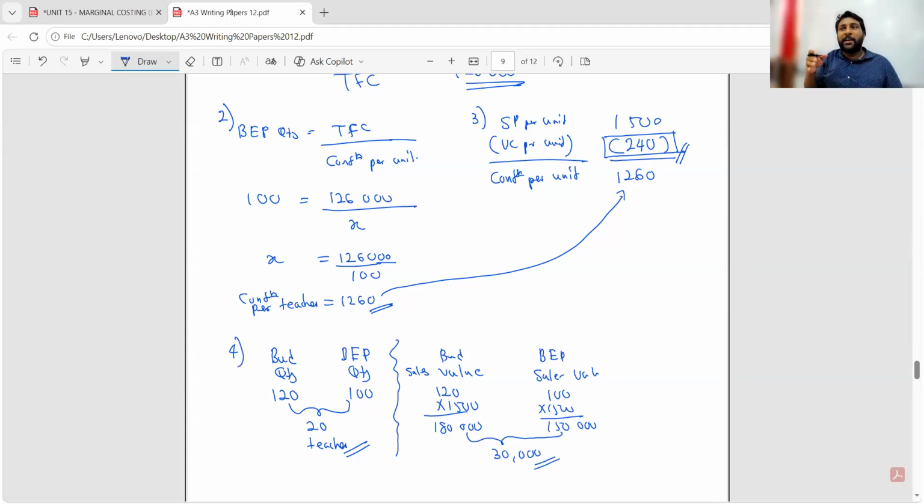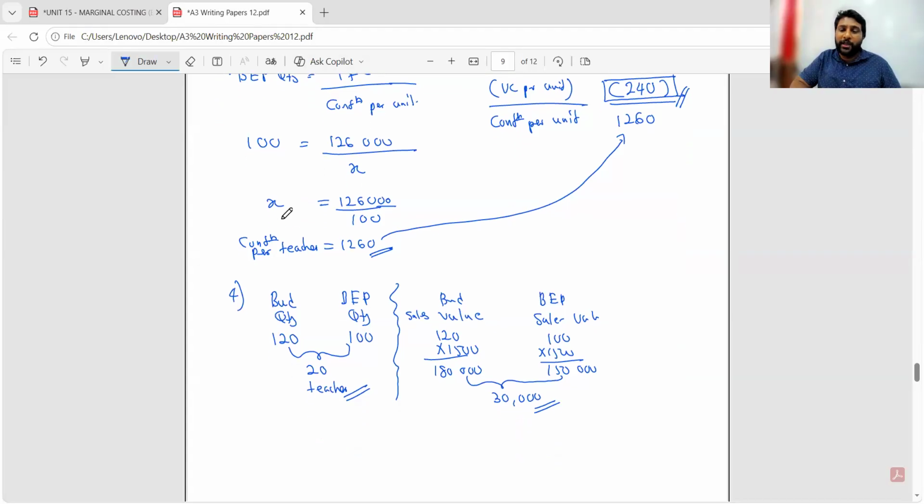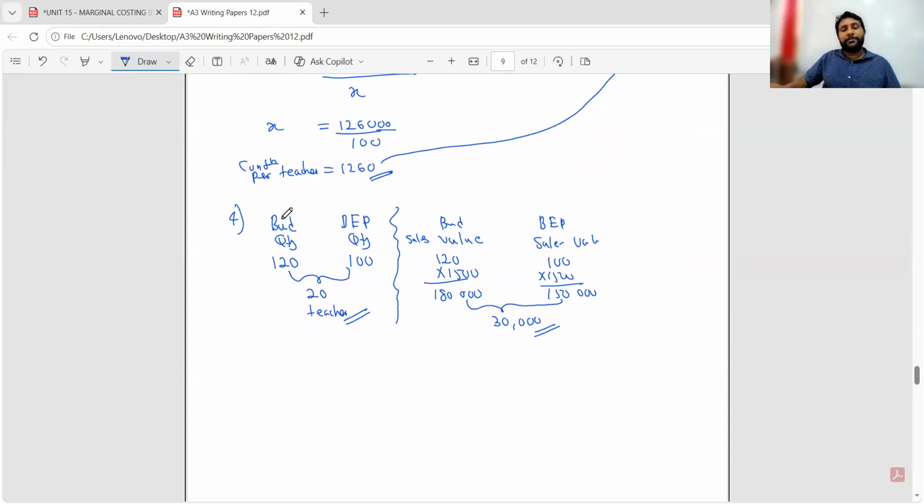You can directly multiply 20 by 1,500 and still get the same answer. You don't need to struggle finding profit here. So it's the gap between budget and the break-even, the margin of safety. 20 teachers into 1,500 also gives you the same answer.